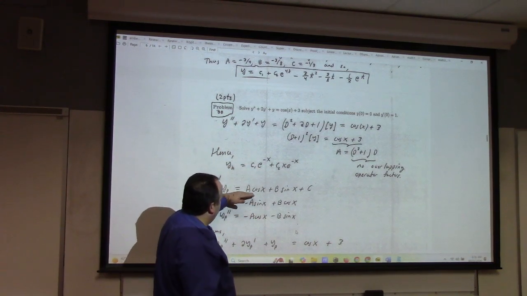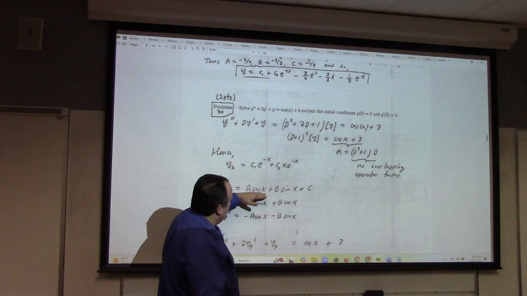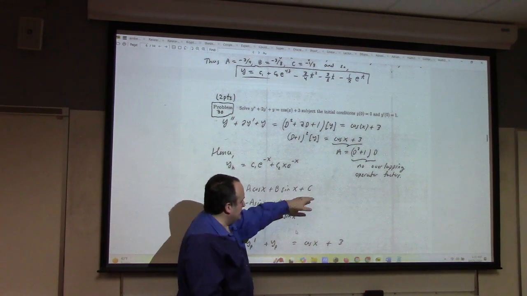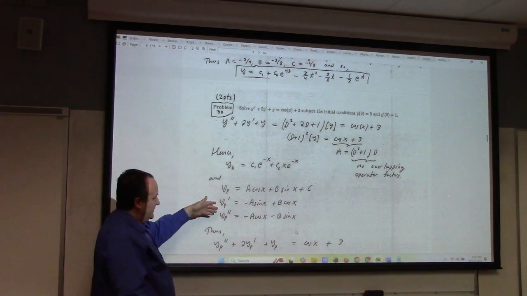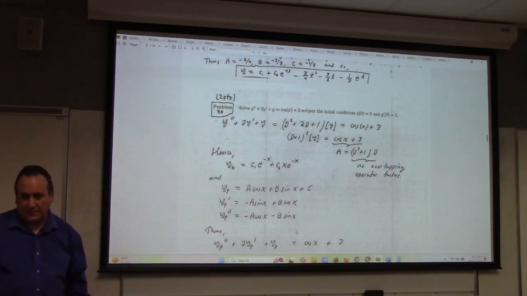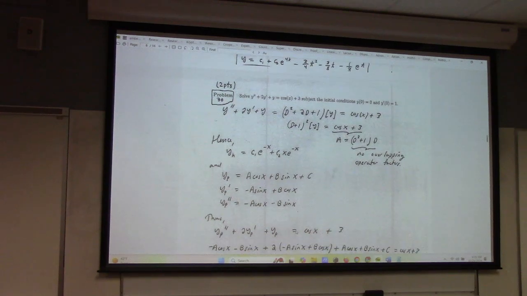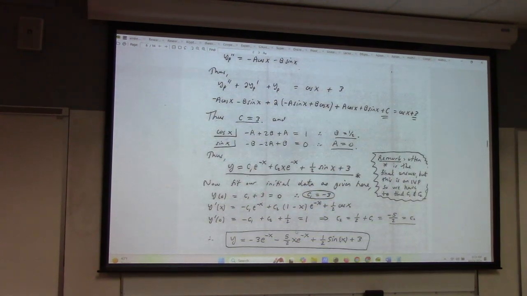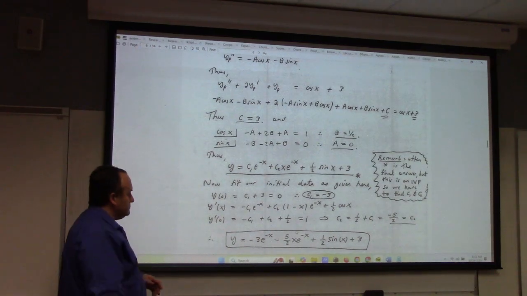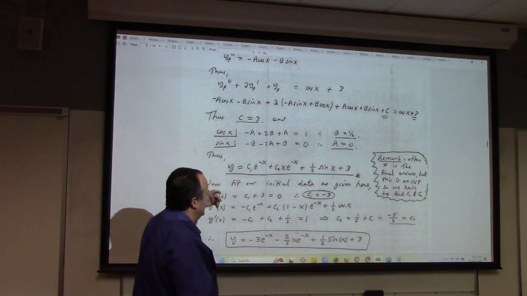So basically your naive solution is linear combinations of sine and cosine and a constant. Differentiate that, differentiate it again, plug it in, and do the algebra. What do we get? We get this mess down here. So we get c equals 3, a equals 0, b equals a half.